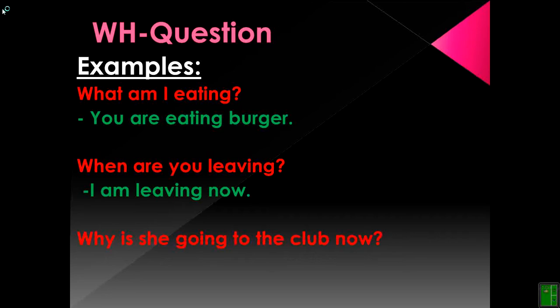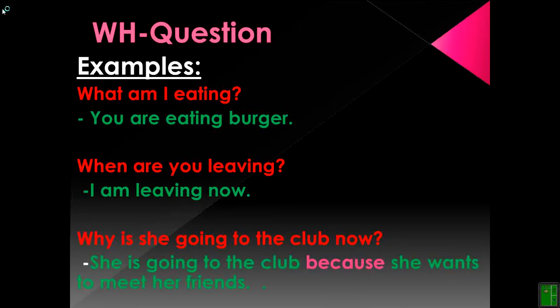Number 3, why is she going to the club now? The answer: she is going to the club because she wants to meet her friends. The question again, why, this is the question word, and is the helping verb, and she is the subject, and going is the verb plus ing, then the complement to complete the question.